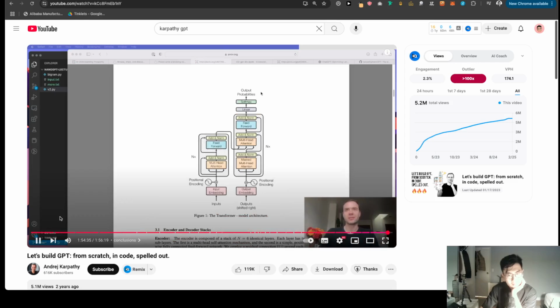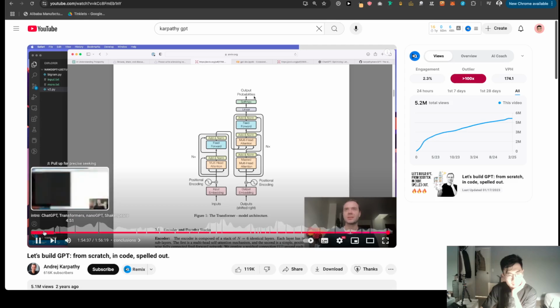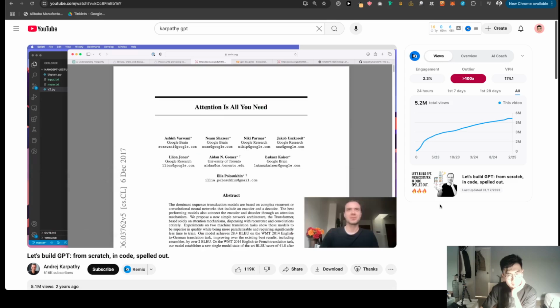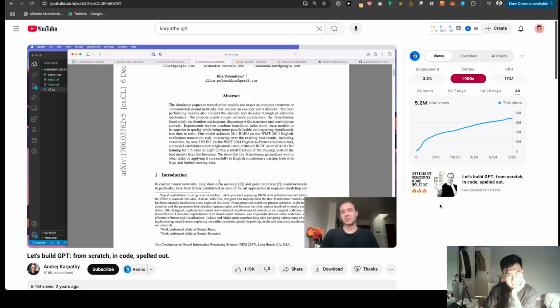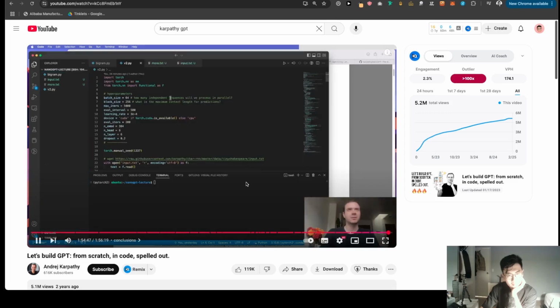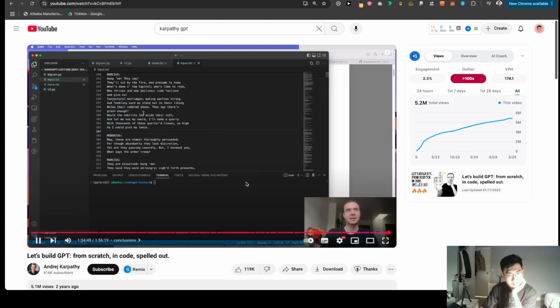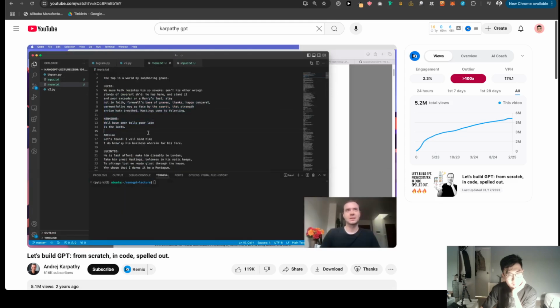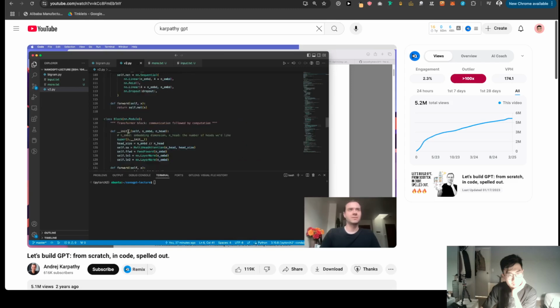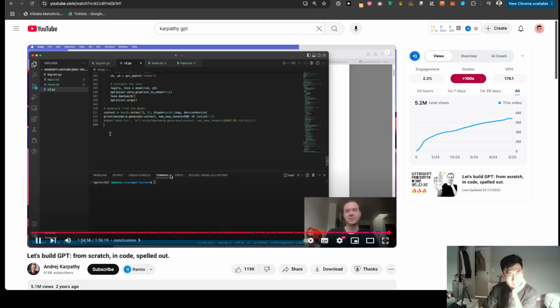So we trained, to summarize, a decoder-only transformer following this famous paper, Attention is All You Need, from 2017. And so that's basically a GPT. We trained it on a tiny Shakespeare and got sensible results. All of the training code is roughly 200 lines of code.